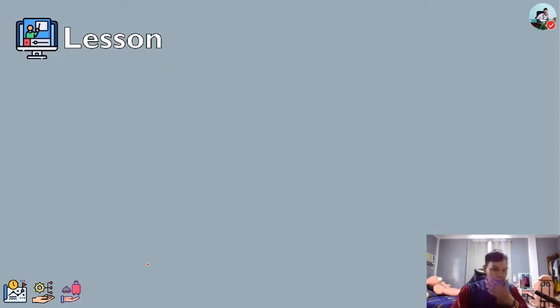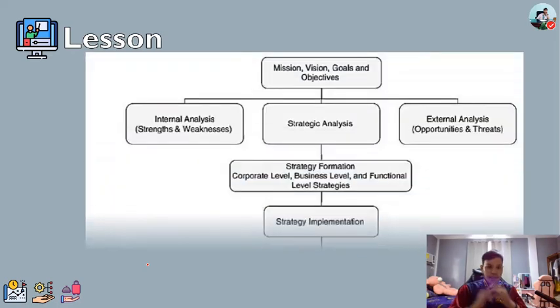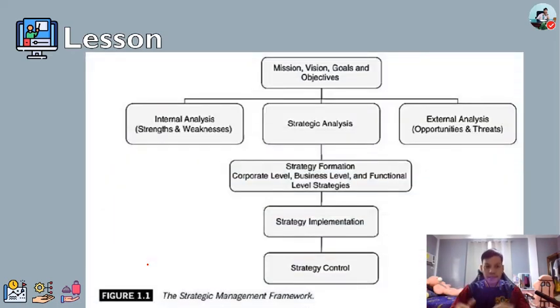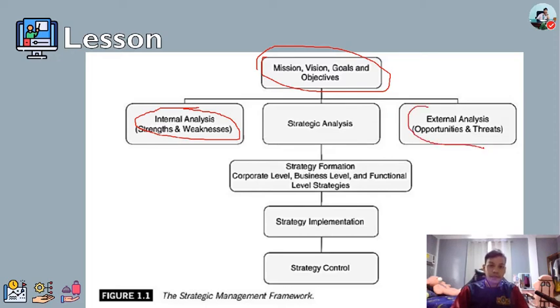Okay, so I will show you an example of the strategic management framework. It all starts with the vision, mission, and goals and objectives of a certain organization or business. Then we have the internal analysis, which analyzes the strengths and weaknesses of the organization, and the external analysis, which covers the opportunities and threats.